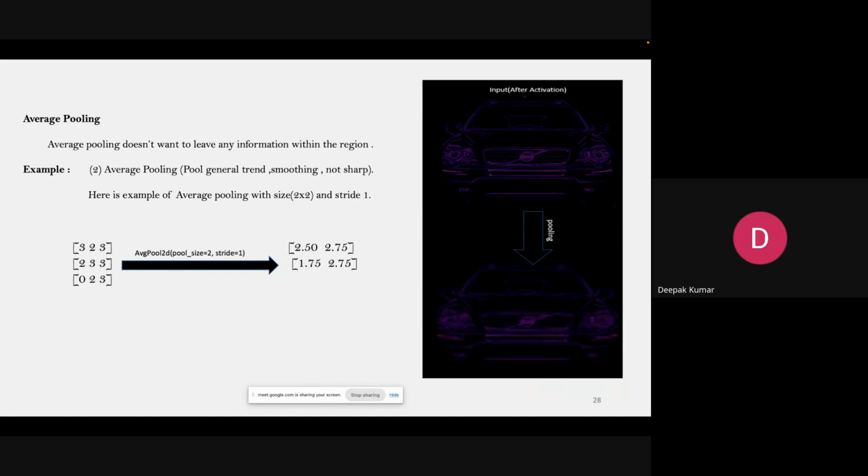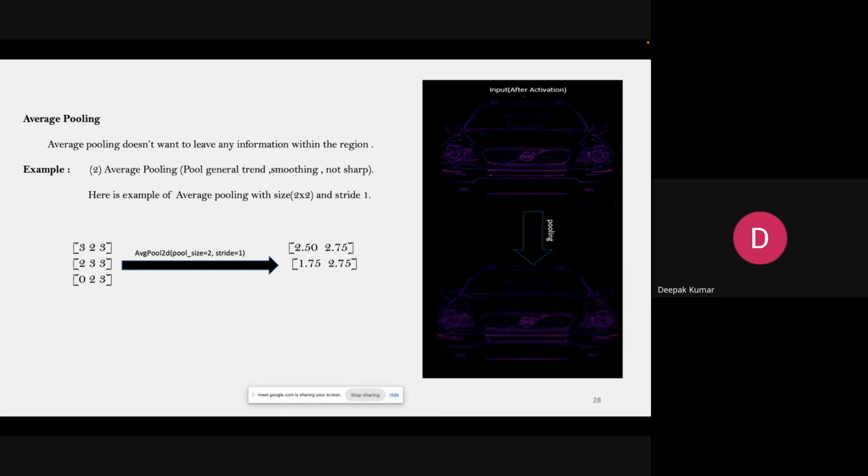Similarly, if we take average pooling, that's why in different cases we take different kinds of pooling operations. Previously, if we want to highlight a particular region, we go with max pooling. Average pooling is usually used to generalize, generally smoothing the shape of things, or the image or edges, smoothing out the edges or corners.